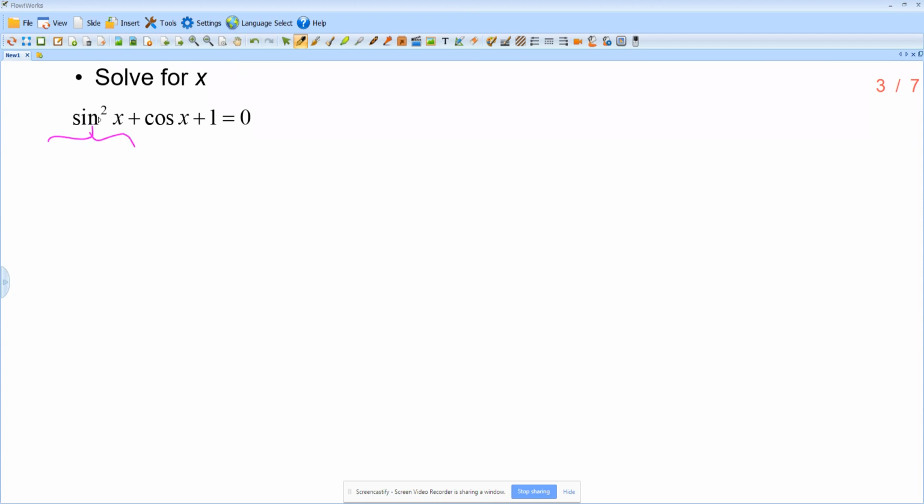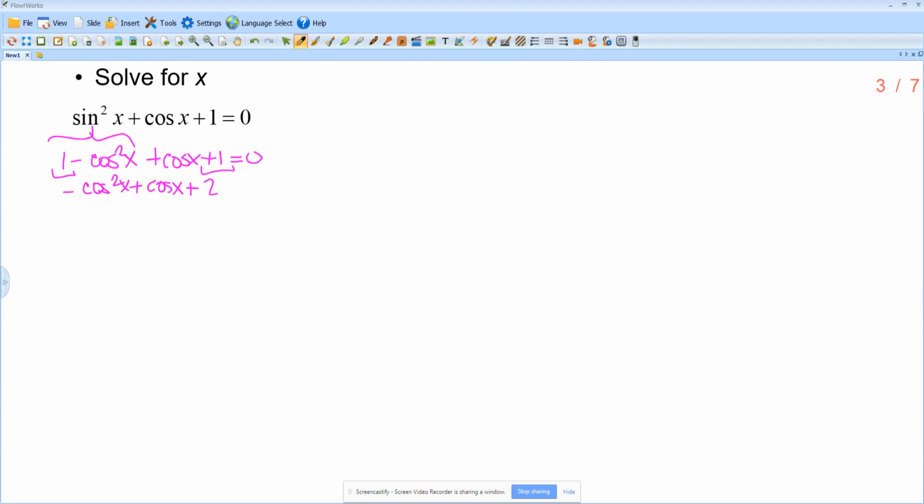So we said that sine squared is the same as 1 minus cosine squared x. And I'll bring everything else down, plus cosine x plus 1 equals 0. So that's going to give me negative cosine squared x plus cosine x plus 2, just combining those two ones.